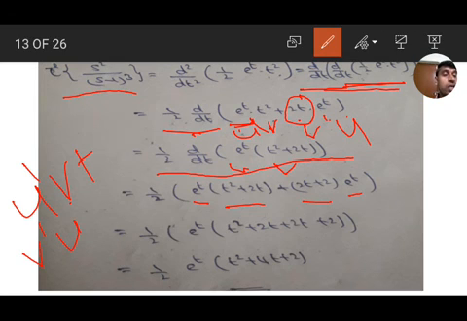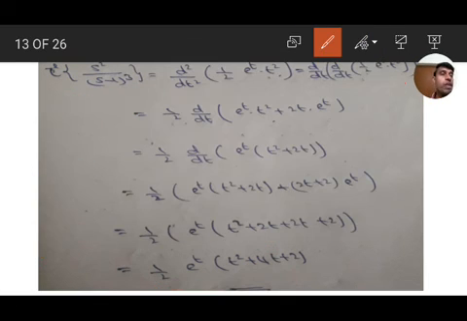E to the power of t is common, t square plus 2t, and we get 2t plus 2. 2t plus 2t is 4t. Therefore, 1 by 2 into e to the power of t into (t square plus 4t plus 2).